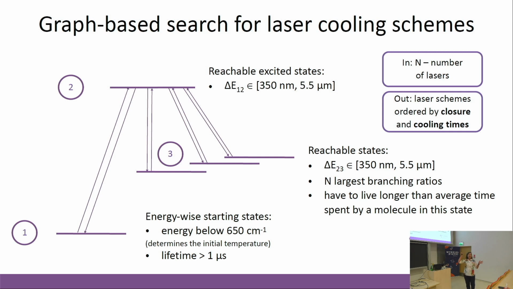Importantly, when you use this algorithm, you tell it how many lasers you want to use, meaning how many transitions you want to address maximally, and it returns all laser cooling schemes ordered by closure and by the cooling time. By a viable laser cooling scheme, we mean that it's closed enough that you can cool it within the cooling time.